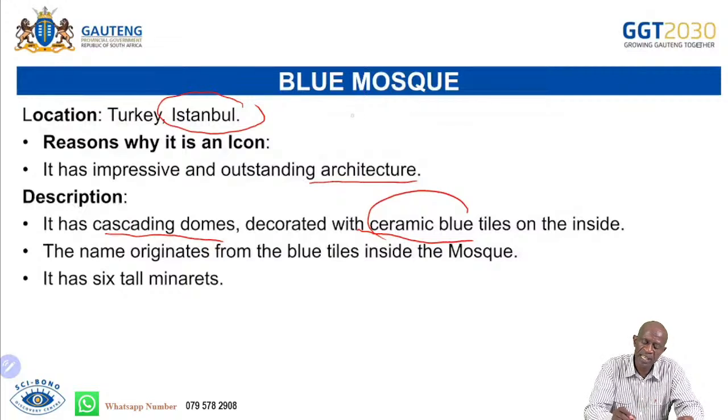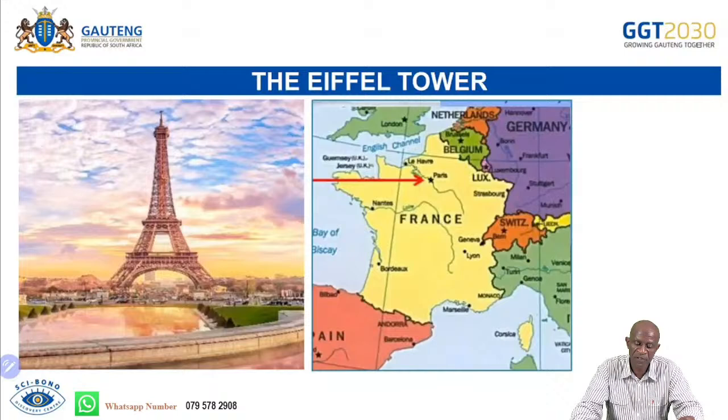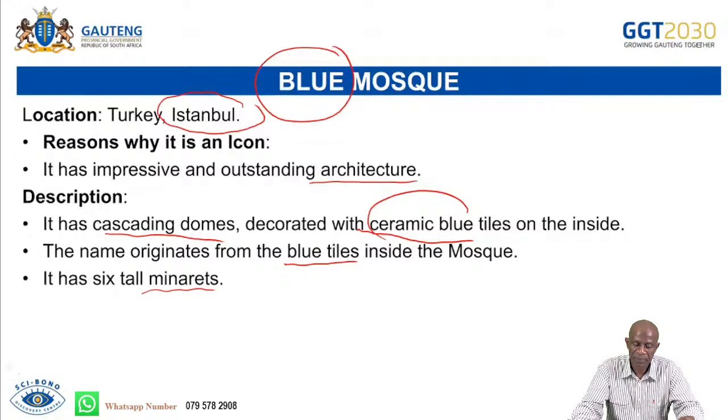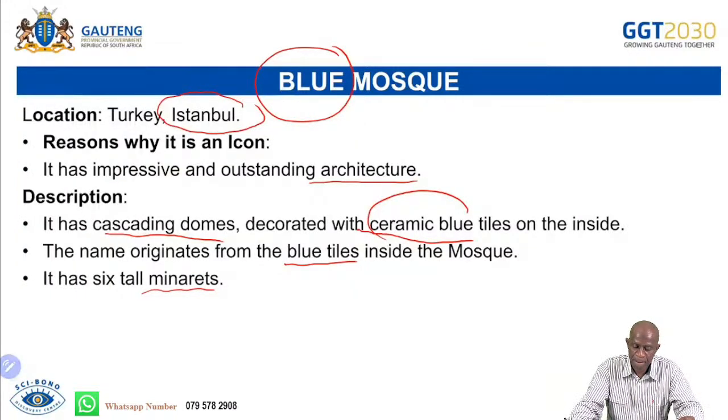So hence the name is Blue Mosque, emanating from the blue tiles that are found all over the inside of the mosque. It has 6 tall minarets we have alluded to from the picture. So these are the 6 minarets that we have alluded to.